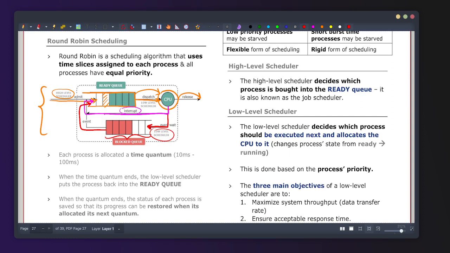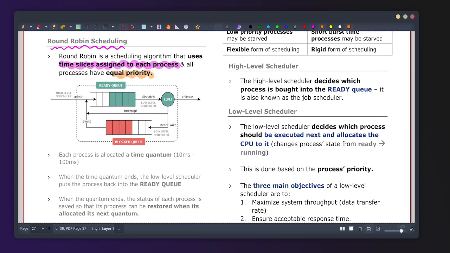So these are all the processes described very neatly on this diagram. The idea is this overall process of taking a process, giving it some time and executing it is called round robin scheduling, guys. Round robin is a scheduling algorithm that uses time slices assigned to each process, and all processes have equal priority.